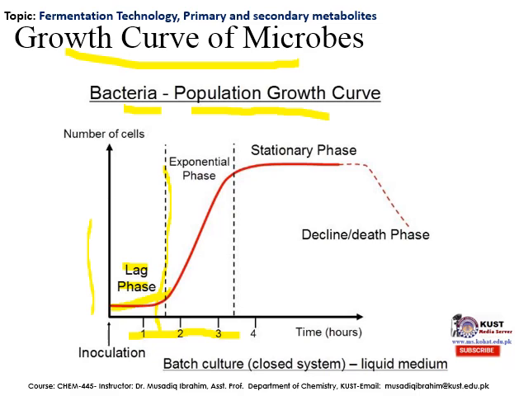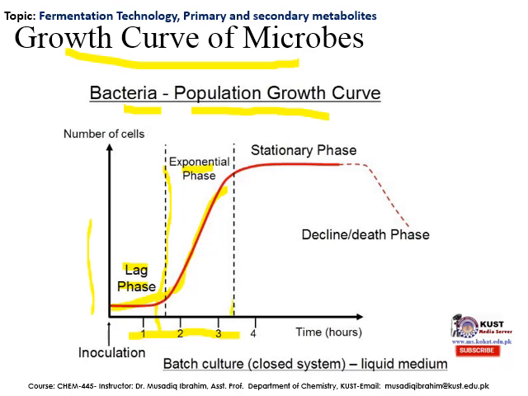Then you have the exponential phase, in which the microbes are growing exponentially. For example, if there are 2 microbes, they are converted into 4, and when there are 4 microbes, they are converted into 16, and so on and so forth.